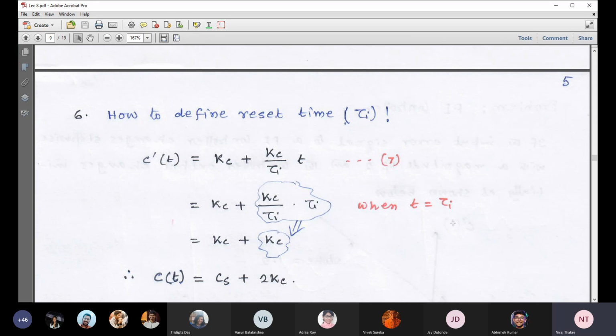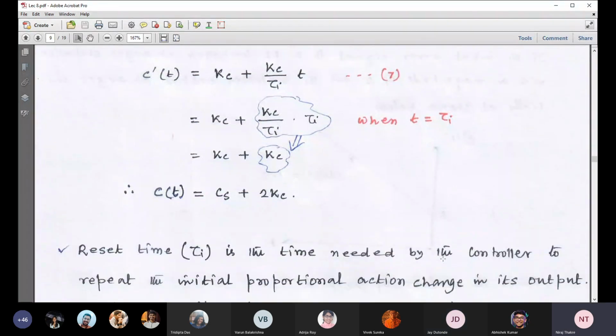Can we extract now the definition of tau I? Can anyone extract the definition of tau I based on this discussion, student? What is reset time? At reset time, the proportional action and integral action become equal. Yes, that is obvious. So let us write in this way.